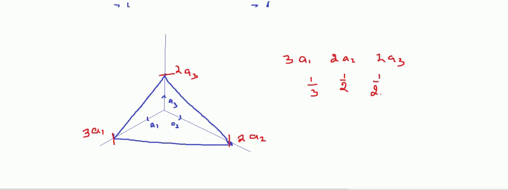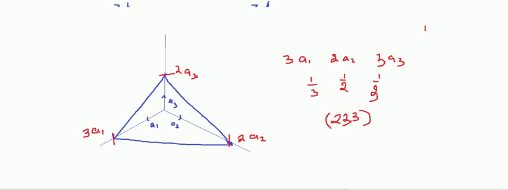What are the 3 smallest integers? That will be 2, 2, and 3. Actually, let me write it as 3a3. Okay, that will be better. So the smallest integers will be 2, 3, 3. So this is the Miller indices.